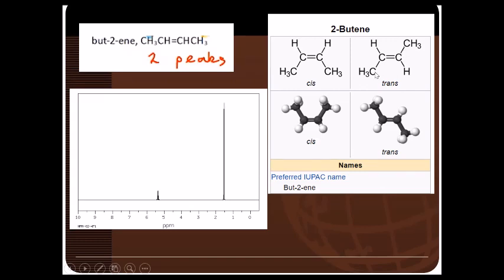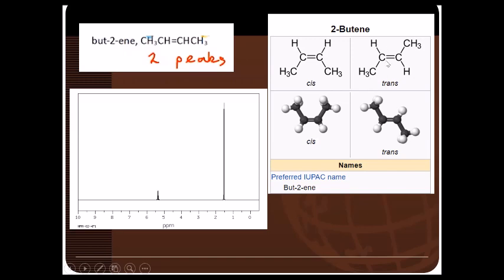So by looking at this diagram here, despite having this cis or trans isomer configuration, you basically have 2 similar CH3 groups at the terminal ends.